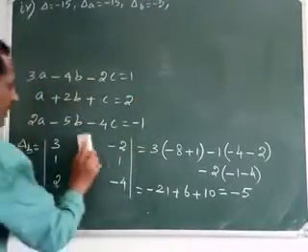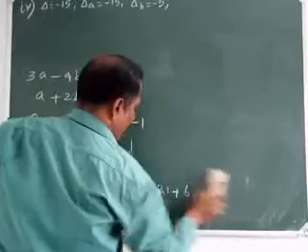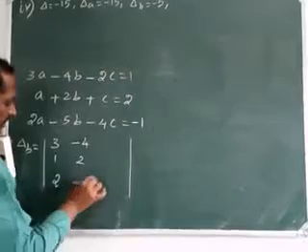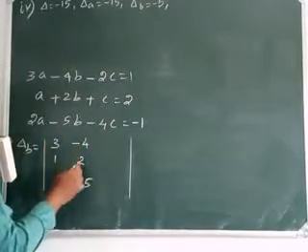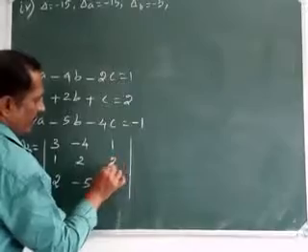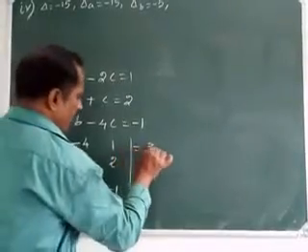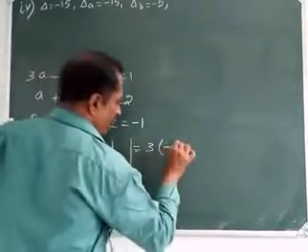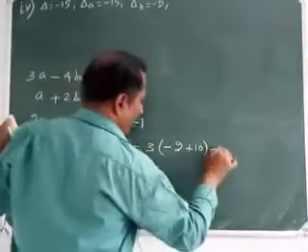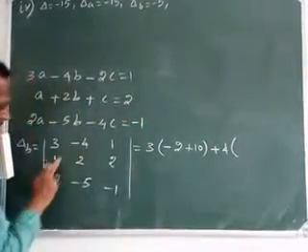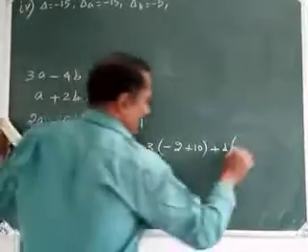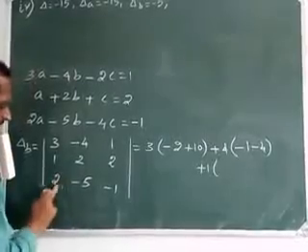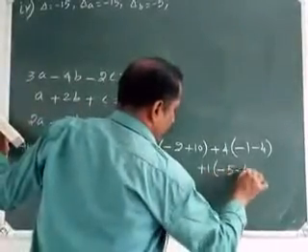For delta C, we have to replace the last column. The first two columns have the same numbers: 3, 1, 2, minus 4, 2, minus 5. The last column is replaced by 1, 2, minus 1. So the 3 into minus 10 is coming, you write plus 10, and then minus of minus 4 is plus 4 into minus 1 plus 4 is coming, you write minus 4, and then plus 1 into minus 5 plus 4 is coming, you write minus 4.